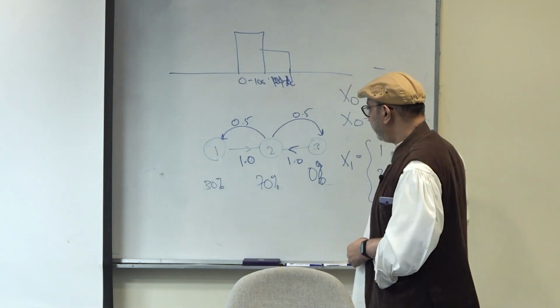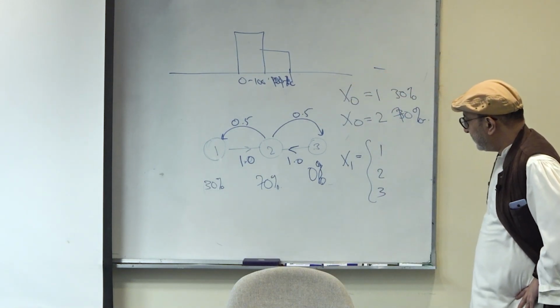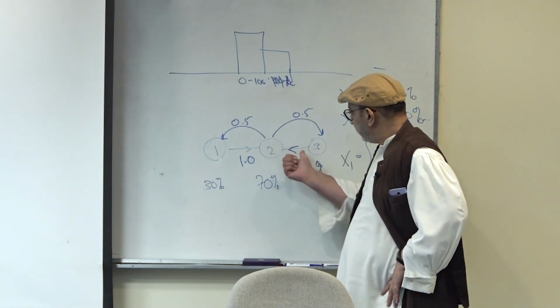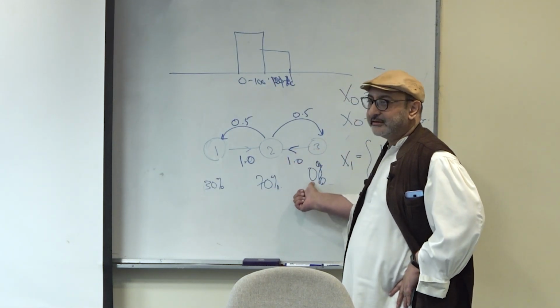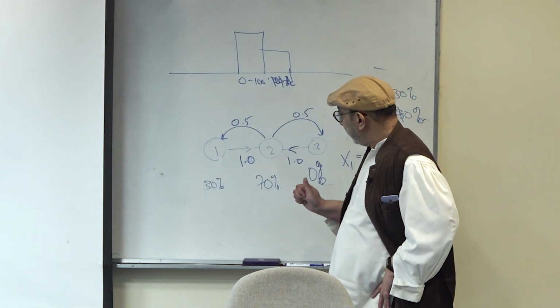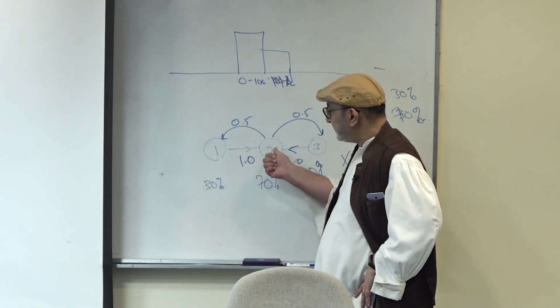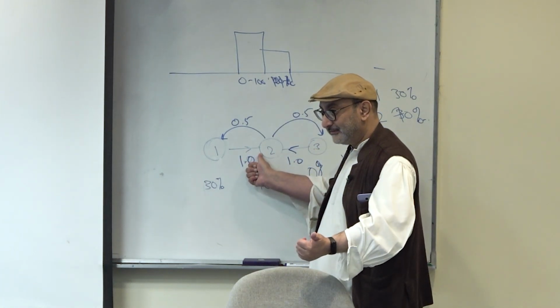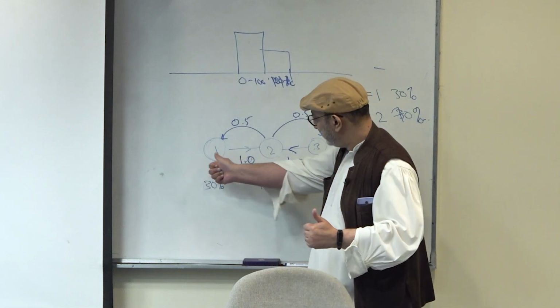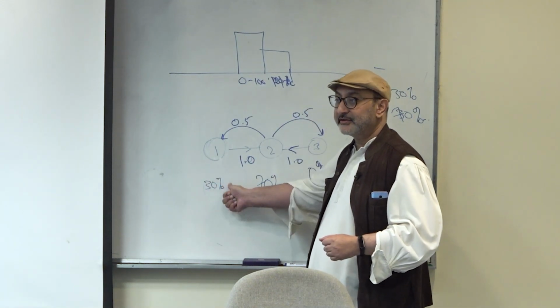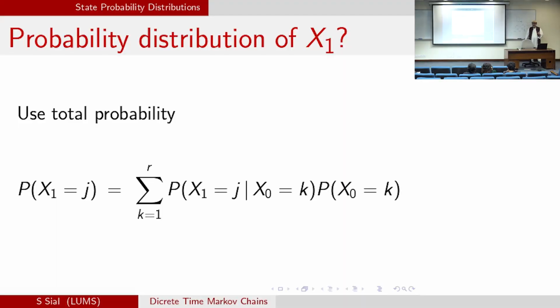You could have gone from 3 to 2, but it wasn't in state 3. So the only way to get to 2 at time 1 is from state 1, and there's a 30% chance that you were there, so there's a 30%. Not the ability to stay where we are.